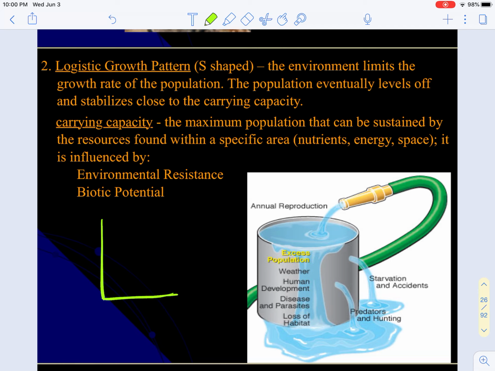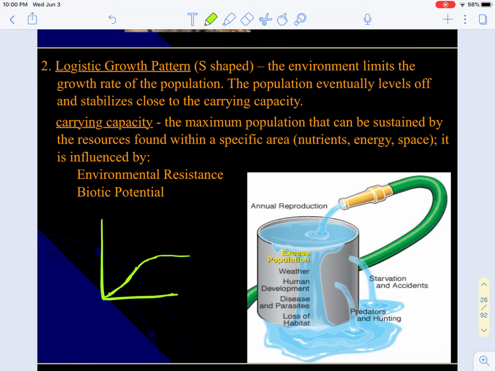Okay, so the second kind of graph, there's just the two of them, is the logistic or S-shaped pattern. And this one is going to take time to get going. So it's not going to go up as exponentially as quickly.